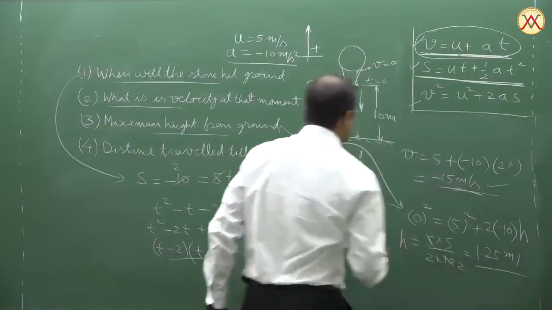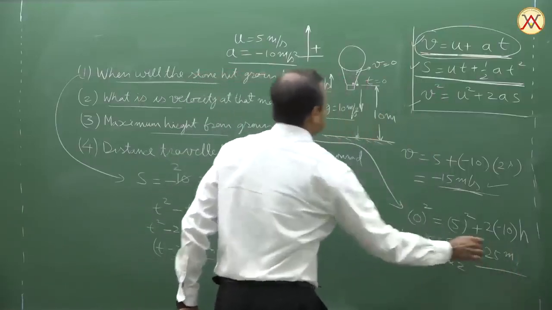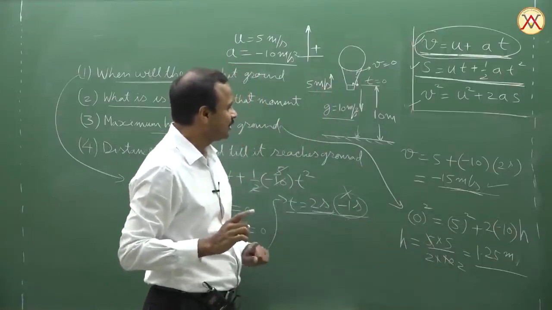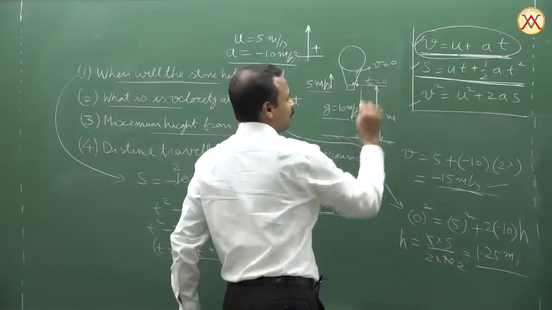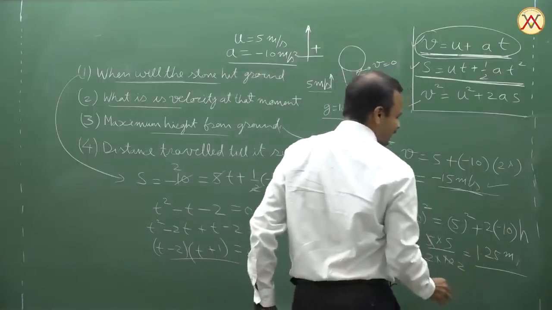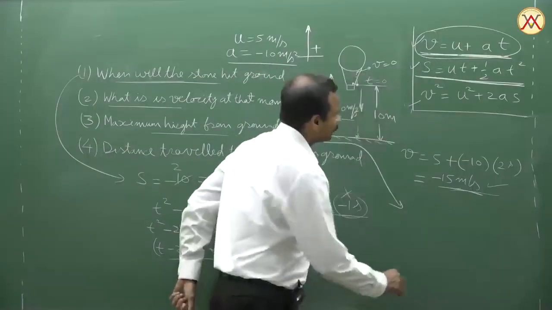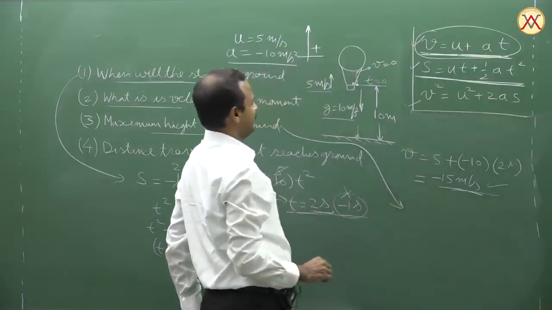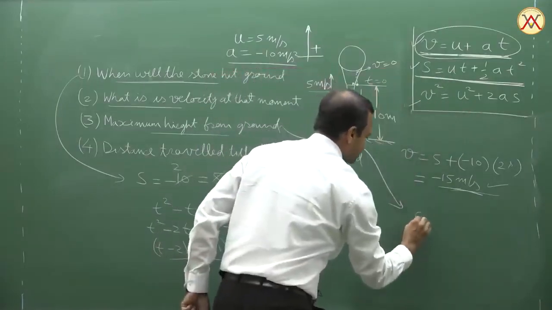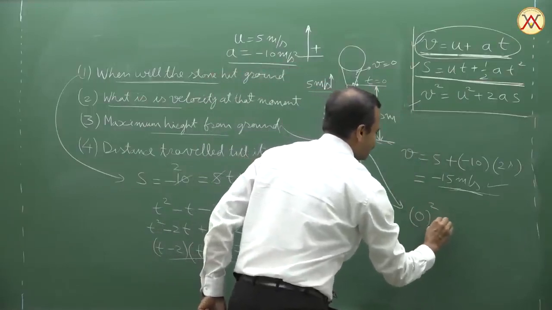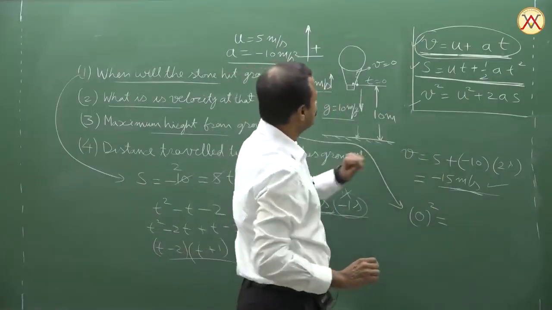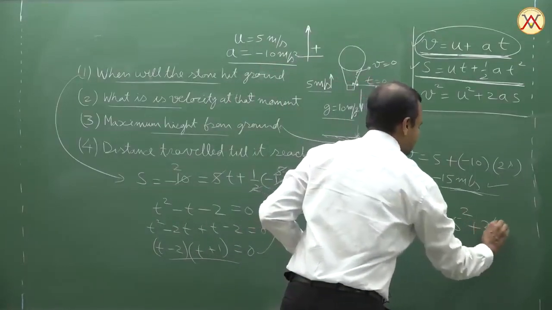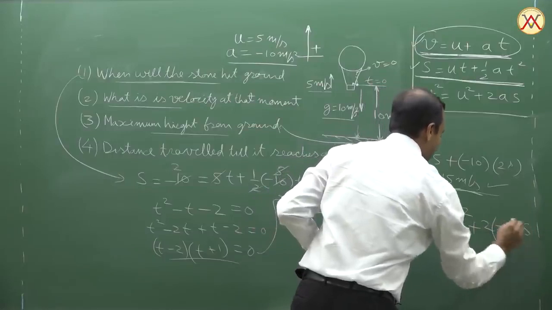1.25 meters. So this is the height which we have got from the starting point, because this was basically displacement. So from third equation of motion, v square equal to u square plus 2as, v at highest point is 0 squared equal to u, which is 5 squared, plus 2 times acceleration, which is minus 10, into s.